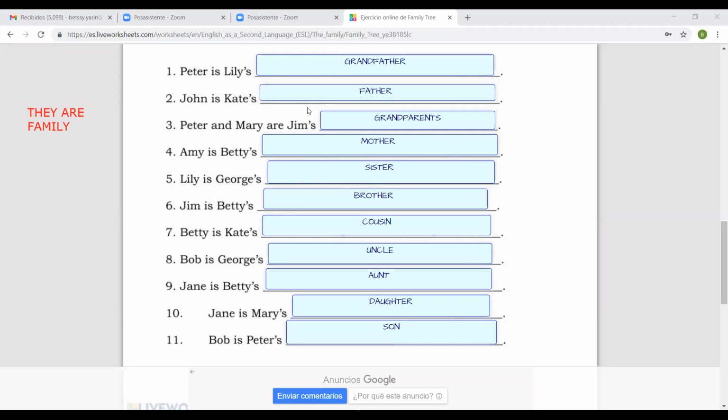Betty is Kate's cousin, okay? Betty is Kate's cousin, okay? Yes, but it's not like that, huh? Esto siempre pasa, tenemos dudas cómo pronunciarlo, ¿no? Yo dije cousin porque es lo que me enseñaron. Betty is Kate's cousin.